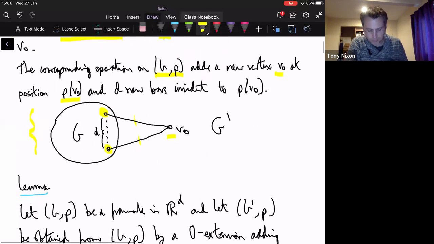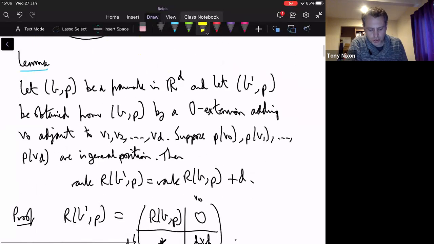So let's think about this operation straight away. We want to think about why it preserves rigidity. So here's a lemma. I take a framework in R^d and I form a new framework from (G, p) by a 0 extension. And so I've used the same letter p, because I'm just doing what I said in the framework, that p(v0) will just be some position for the new vertex.